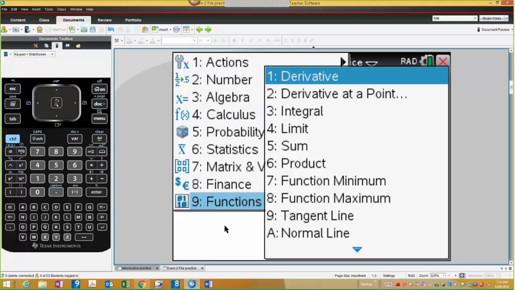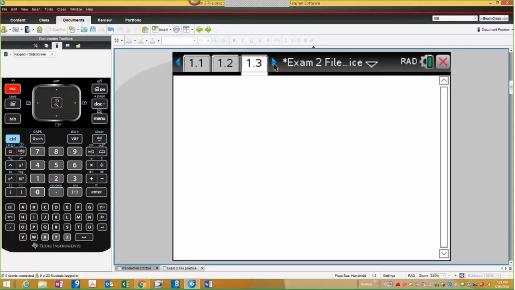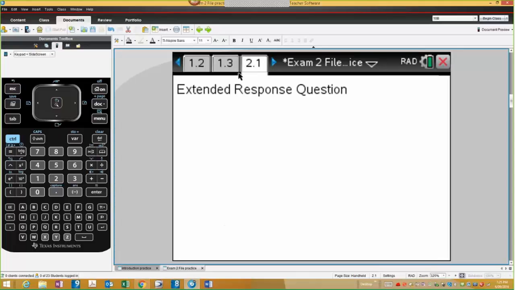But from there, if I move across, my next problem, so you can see here now, problem 2 is the first extended response question.